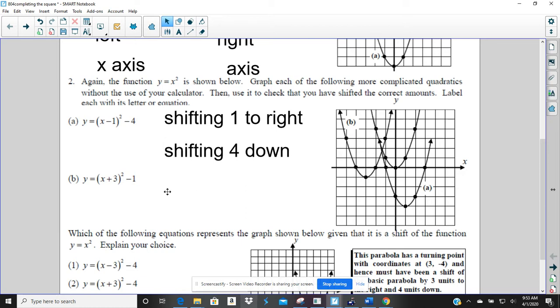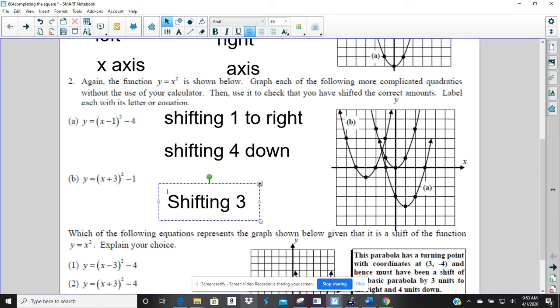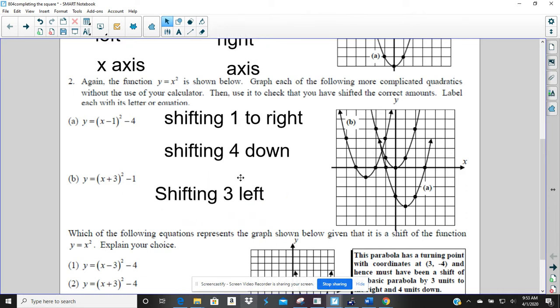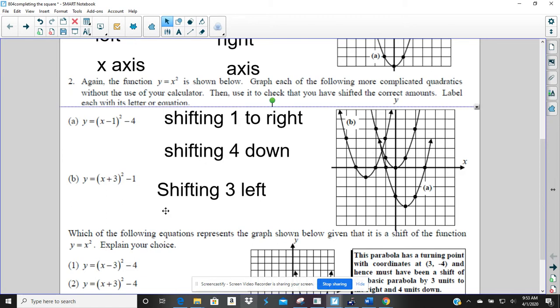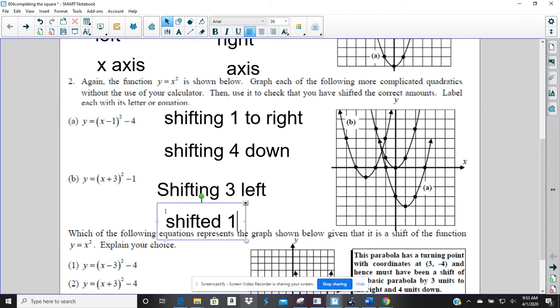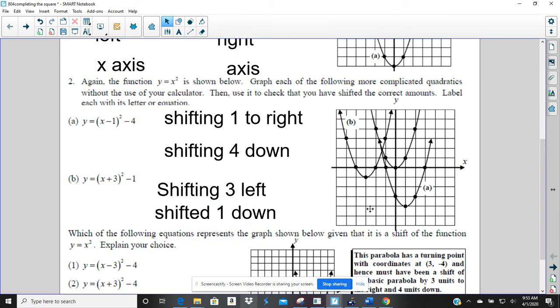With B, it shifted 3 to the left, okay, on the x-axis, and then it shifted 1 down. Okay? So you can actually put them all together and see how that goes.